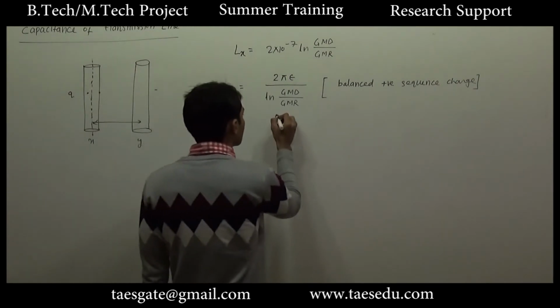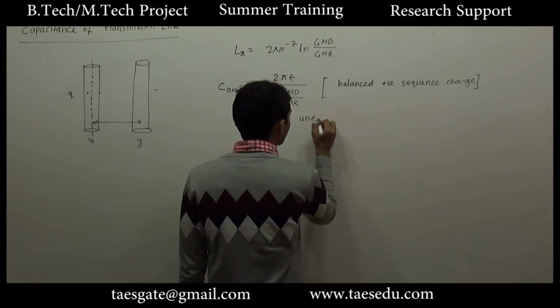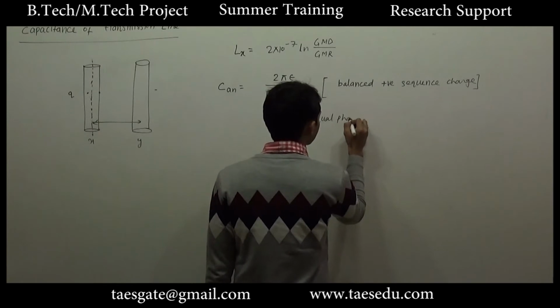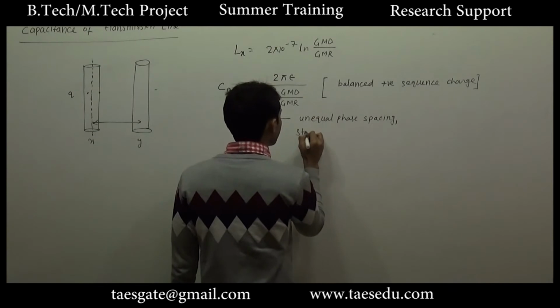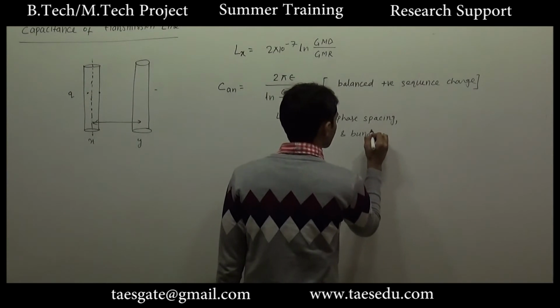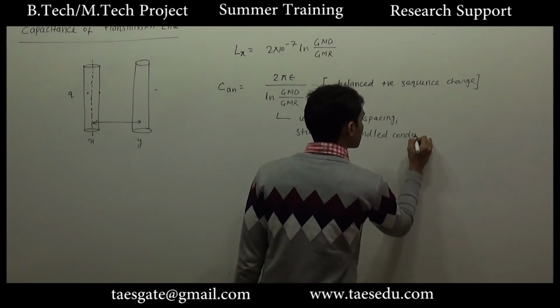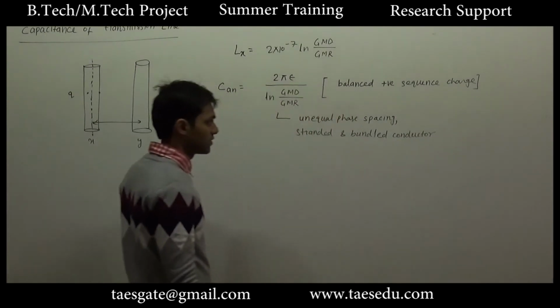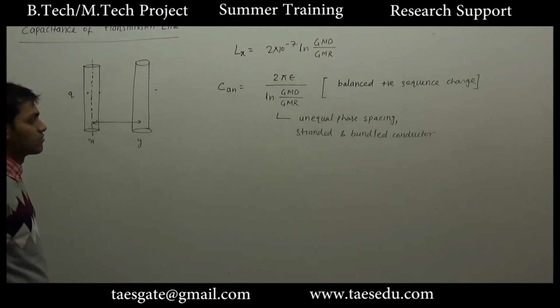This formula will be applicable in case of unequal phase spacing, in stranded conductors, and stranded and bundled conductors. It can be derived with the same concept, but that involves only mathematics apart from the concept that we have already discussed. So I am not doing that.